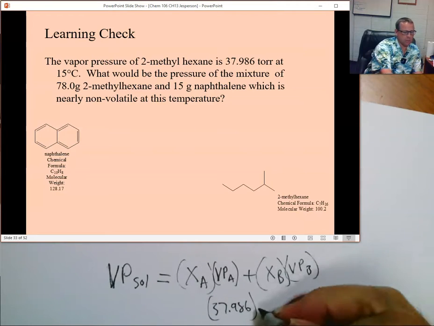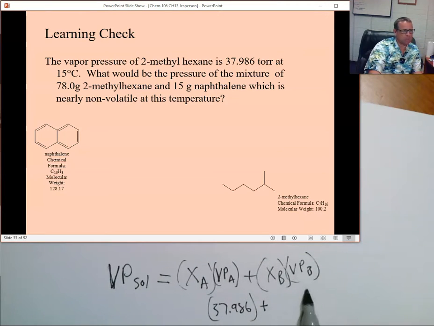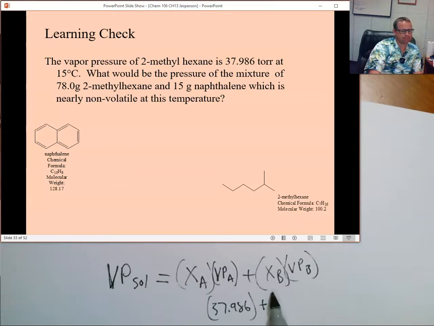What about the vapor pressure of B, Taiwan? If this B here is our naphthalene, what's the vapor pressure of naphthalene at this temperature? No, it says 15 grams of naphthalene, which is nearly non-volatile at this temperature.